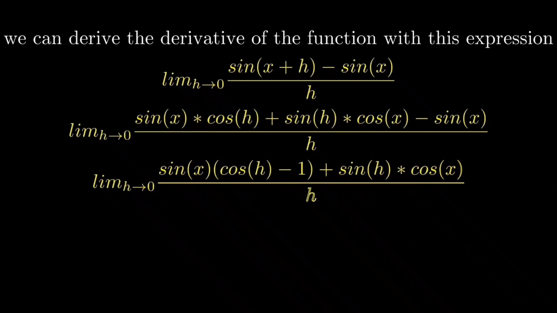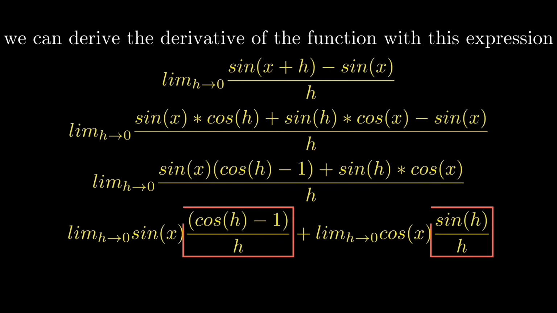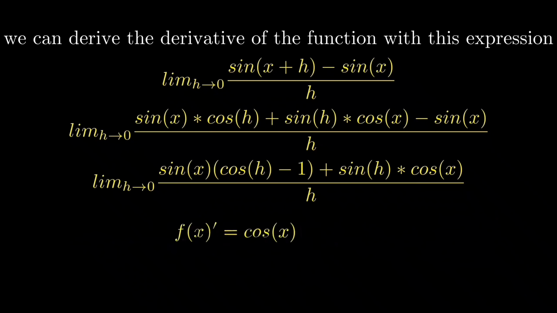Now separate these terms, where these are well known expressions: as h tends to 0, one becomes 0 and the other becomes 1. So we get the derivative of sine, which is cos x.